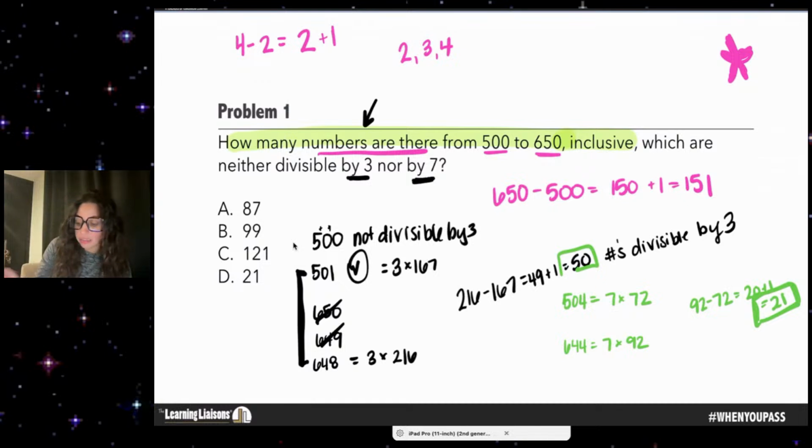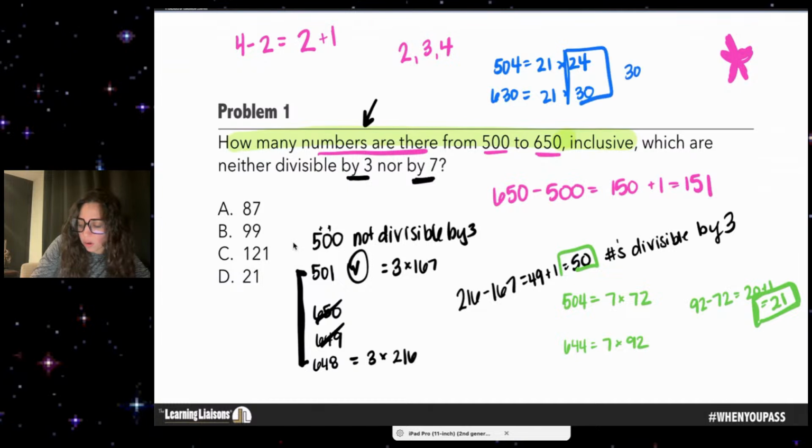So, same process. 504 equals 21 times 24. And 630 equals 21 times 30. So 30 minus 24, inclusive, plus 1 equals 7.